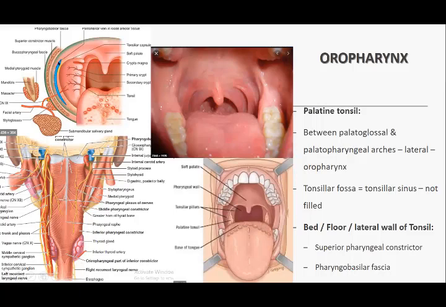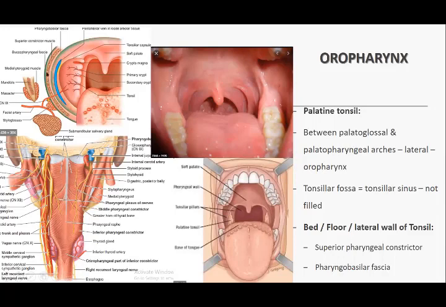Still outside, you have the pharyngobasilar fascia. Then outside the pharyngobasilar fascia, you have the superior constrictor muscle of the pharynx.